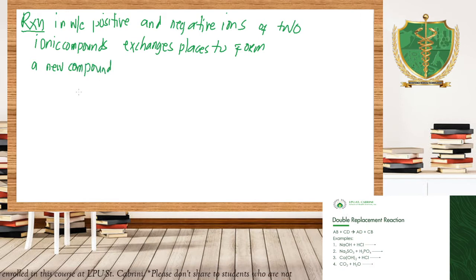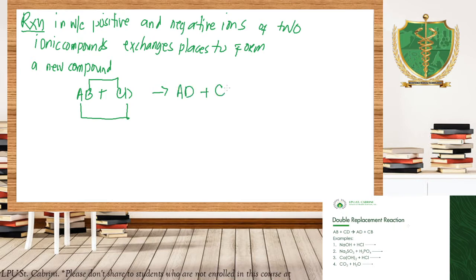So what is our formula? AB plus CD will give you A and D, C and B. We have AD plus CB.